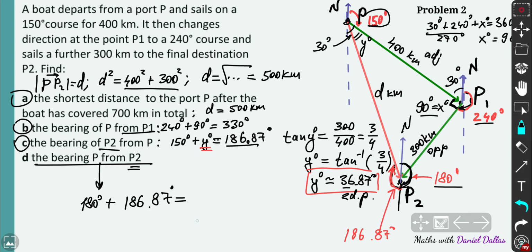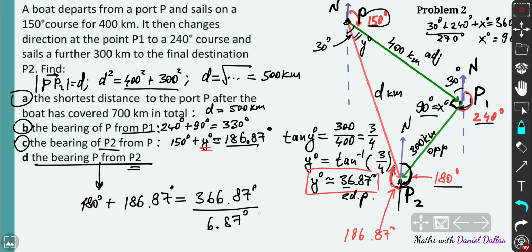Let's have a look. 180 plus 186.87 will get 366.87. So what does it mean? It means that if we made a full circle plus extra, the actual bearing is going to be only 6.87.